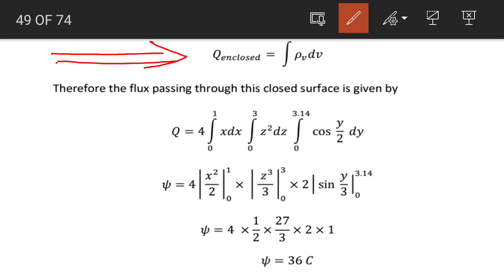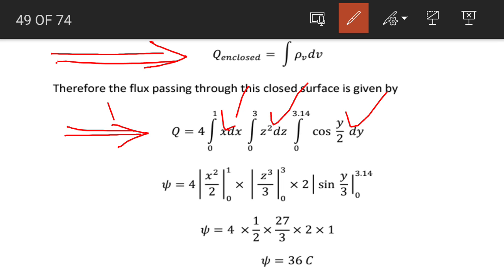So we integrate rho v dv, and we get the charge enclosed by this closed surface. We have got 4. We integrate x dx, we integrate z square dz, and we integrate cos y by 2 dy.